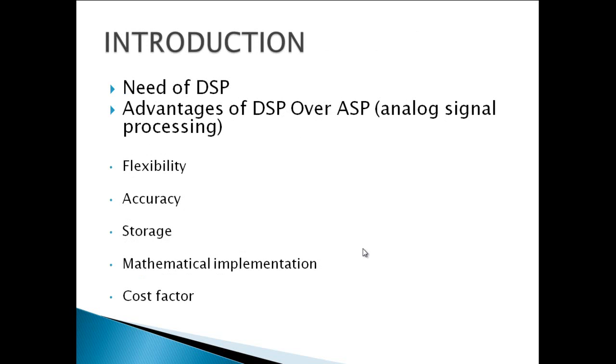Okay. So first, we'll be discussing what is the need of DSP. What is DSP? What is digital signal processing? What are the needs that we need to digitally process a signal? Now, digital signal processing is very common today. Everybody of us is directly or indirectly involved in digital signal processing and its applications.